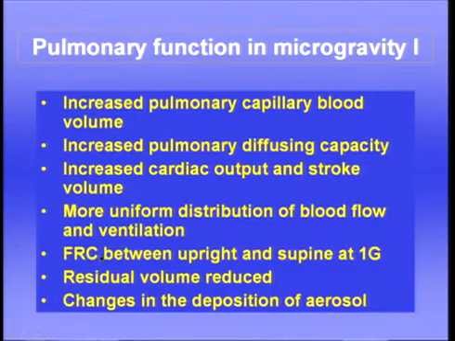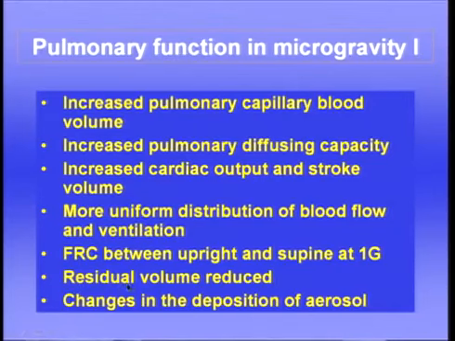The functional residual capacity was between the upright and supine measurements at 1G. And that's because in the upright position, the diaphragm is pulled down by the weight of the abdominal contents. In the supine position, the diaphragm is pushed up by the weight of the abdominal contents, and in microgravity, it's halfway in between. And that was predicted, incidentally, by one of the physiologists many years ago.